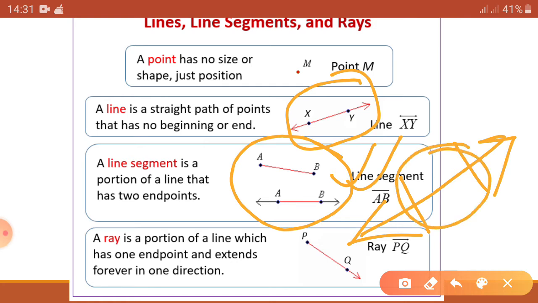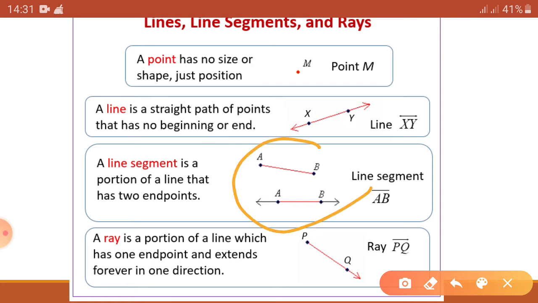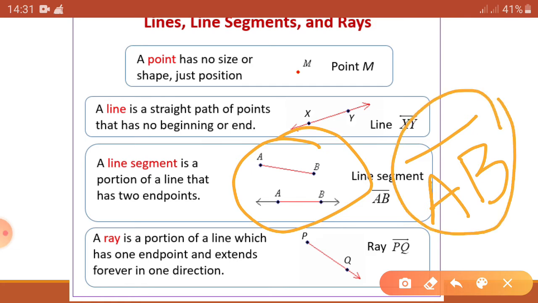Here is one endpoint, here is another endpoint. For this we can write AB with a bar on top, so it means that AB is a line segment.